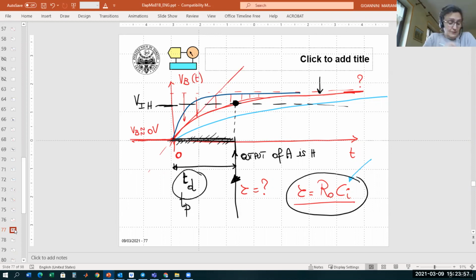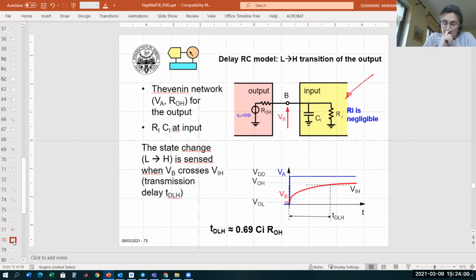If you do that, you end up with analytical expressions that very often are approximated with a rule of thumb.